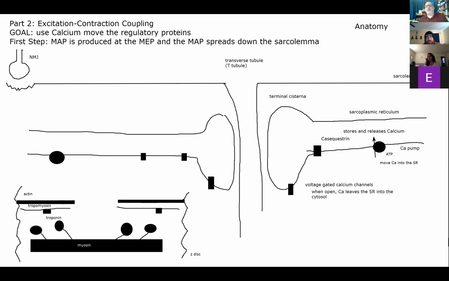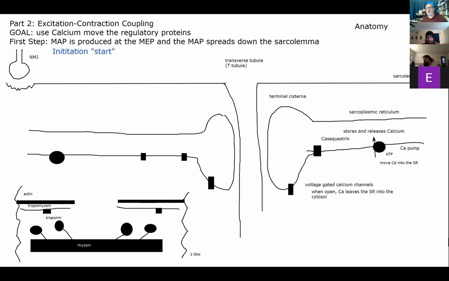Excellent. All right. Then just like last time, let's switch gears now and talk about initiation of excitation contraction coupling, right? That's the start process.